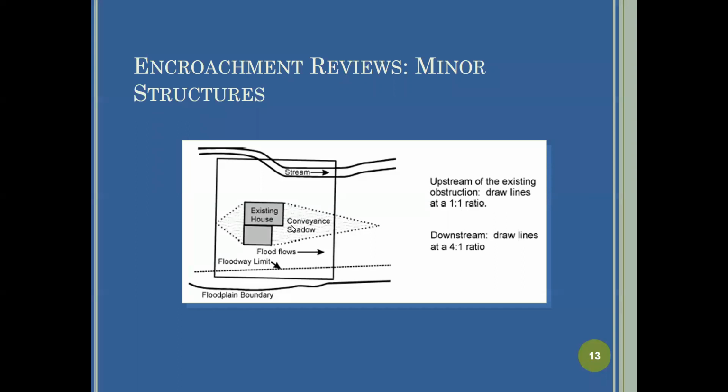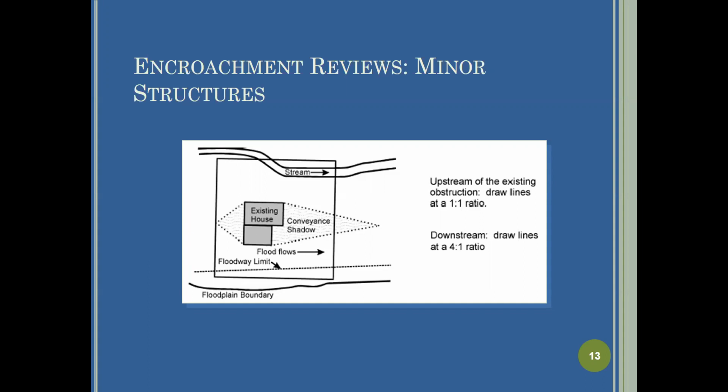There's a longer shadow on the downstream end. Again, if you came in to do a patio, a deck, or maybe a small addition to the house, any of those, they could say, hey, I'm in that shadow, and therefore I don't need to do a hydraulic analysis of this.